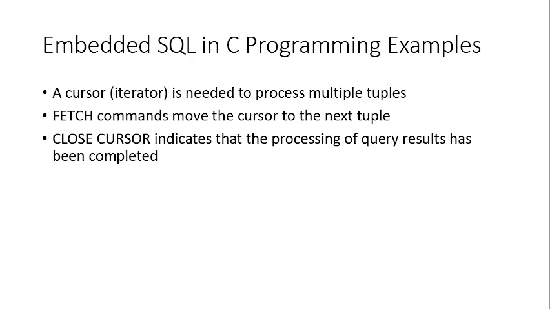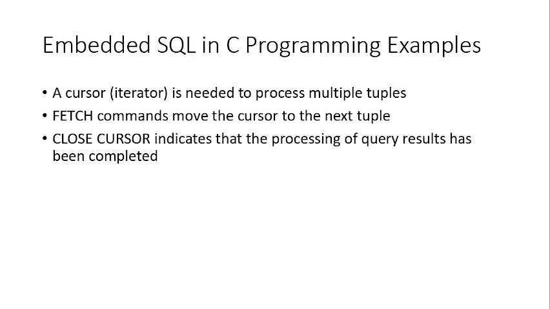So next we will see embedded SQL in programming examples, that is, processing query results using cursors. A cursor is a variable that refers to a single tuple from a query result that retrieves a collection of tuples. This is used to loop over the query result one record at a time, and the cursor is declared when the SQL query is declared.